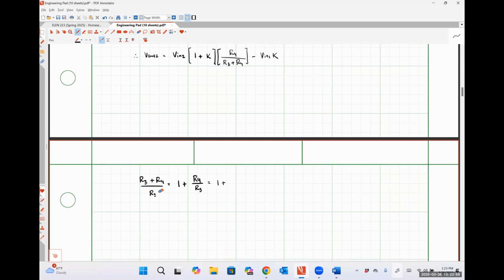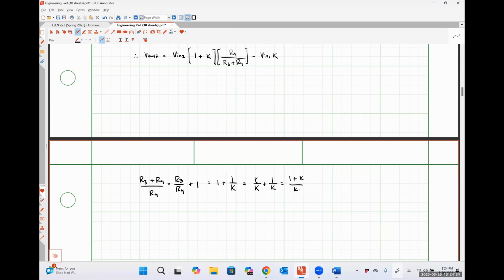Sorry, I should have had an R4 there. My mistake. So that's 1 plus 1 over K, which would be the same thing as K over K plus 1 over K, or 1 plus K over K.